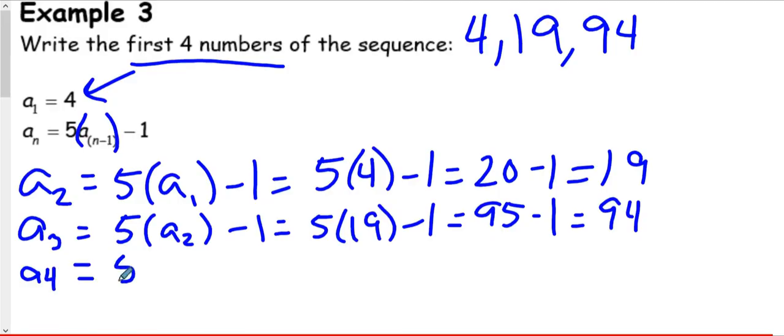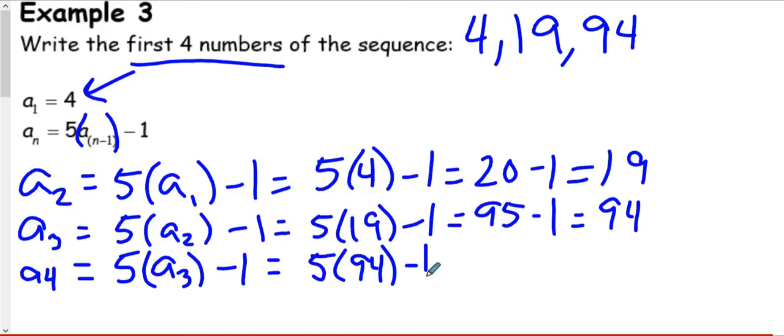So I would say 5 times A3, oops, 5 times A3 minus 1, so that's going to be 5 times 94 minus 1, and 5 times 94 is 470, minus 1 would give me 469.